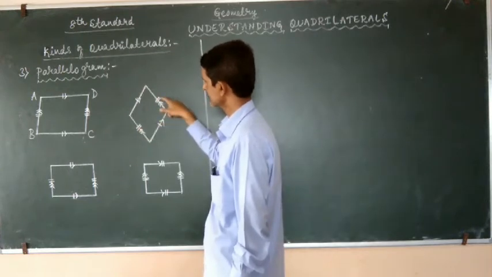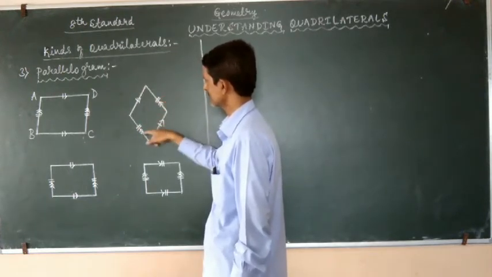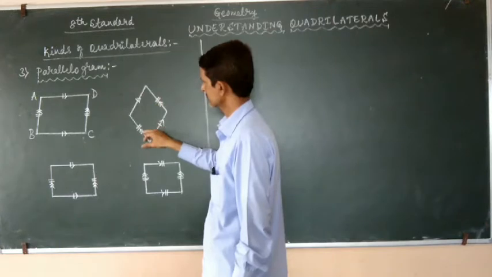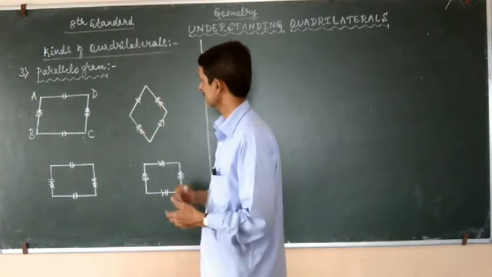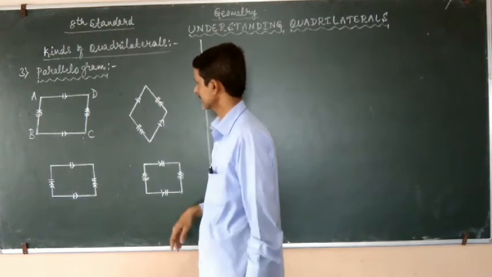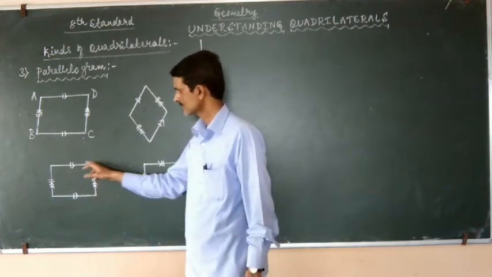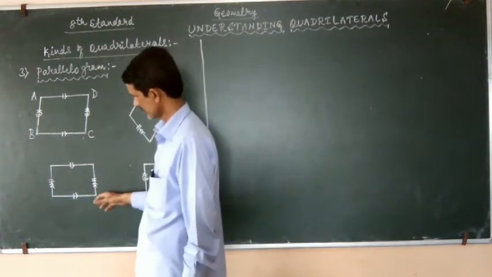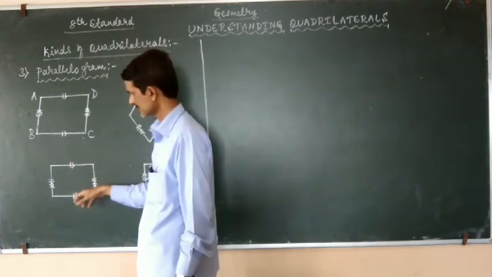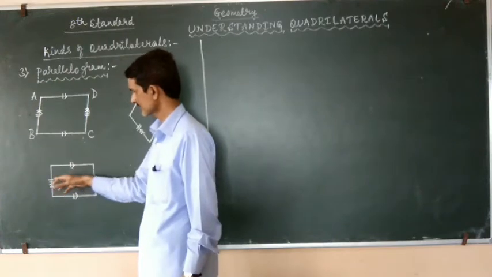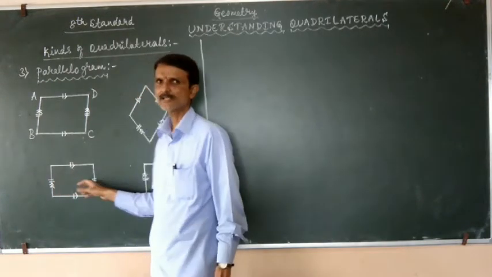So these two sides are equal and these two are parallel lines. Equal and parallel. So next, observe this plane figure. Here also these two opposite sides are equal and parallel. These two opposite sides are equal and parallel.